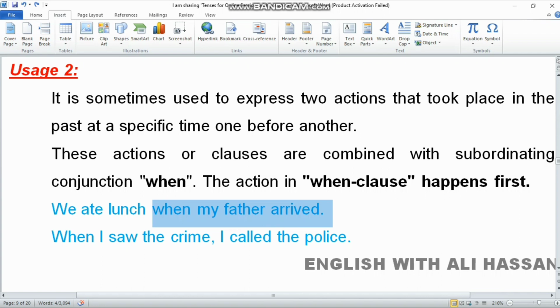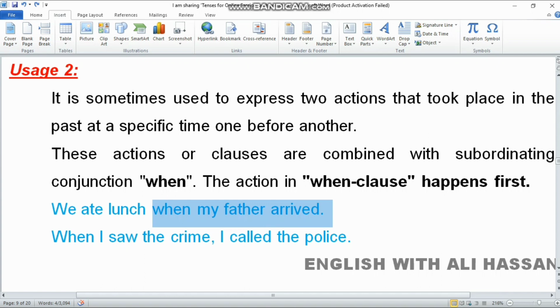In this situation, you must know that the clause which begins with when is considered to be the first action. First, my father arrived, then we ate lunch together.